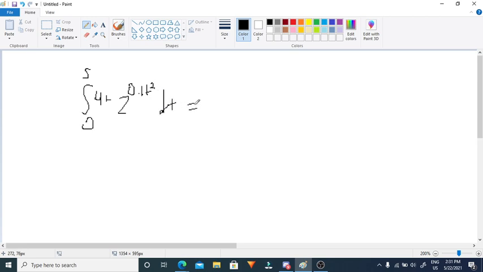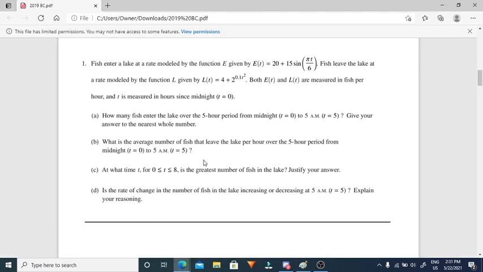and this comes out to be 30.195, which is a total number of fish that left the lake. And actually, I'm now realizing this question, it's important to see that it's asking what is the average number of fish that leave the lake per hour. So the difference between this question and this one is this question is asking how many total fish enter the lake over that period, and this one's asking the average number of fish per hour.